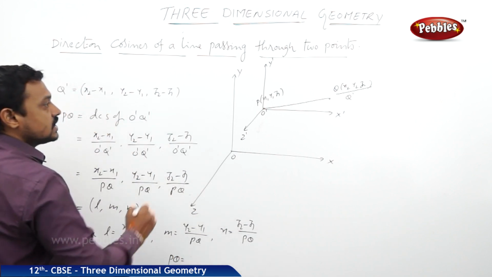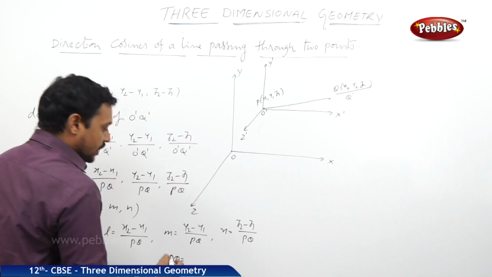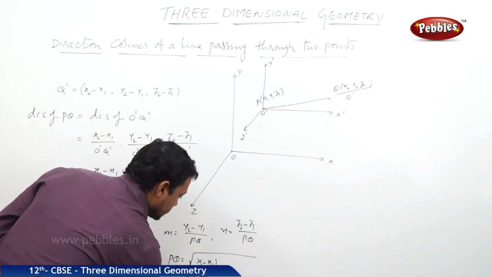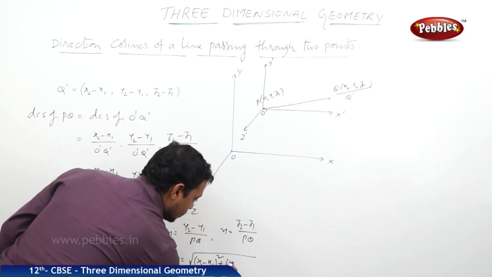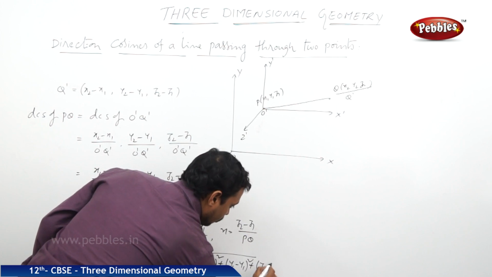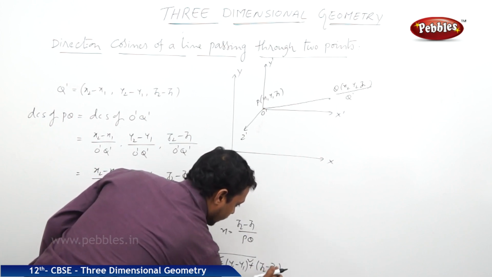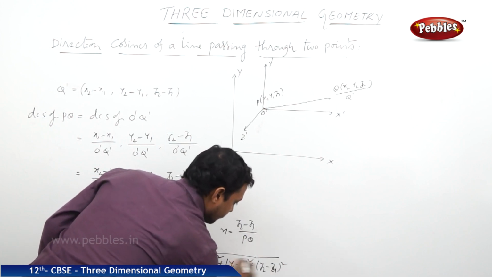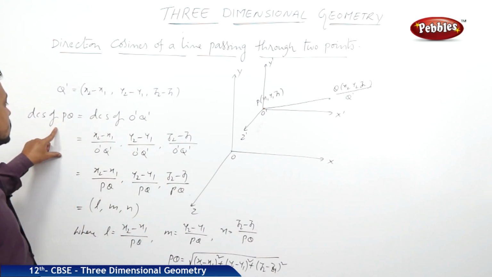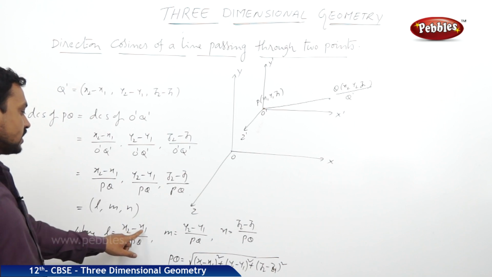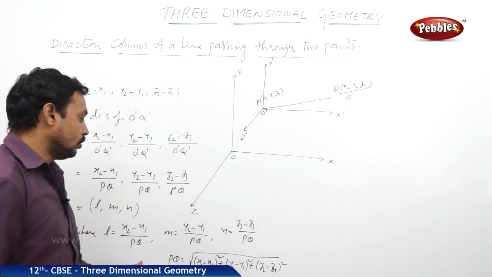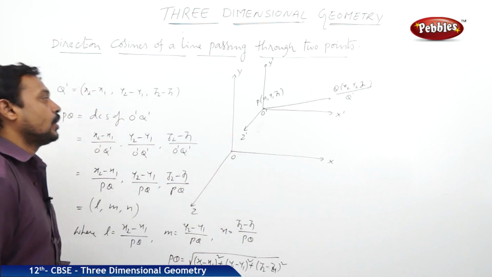PQ is the distance between the 2 points P and Q, which is the square root of x2 minus x1 whole square plus y2 minus y1 whole square plus z2 minus z1 whole square. So therefore the direction cosines of PQ are x2 minus x1 by PQ, y2 minus y1 by PQ, z2 minus z1 by PQ, where PQ is the distance between the 2 points.